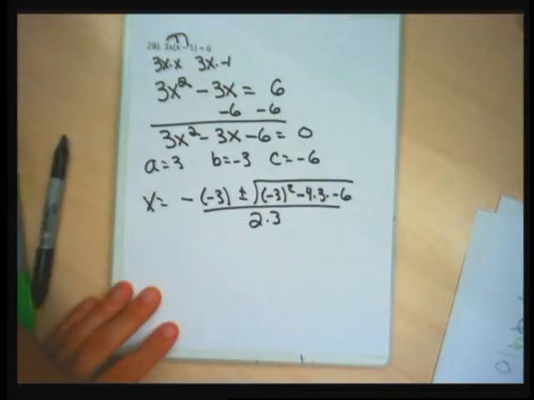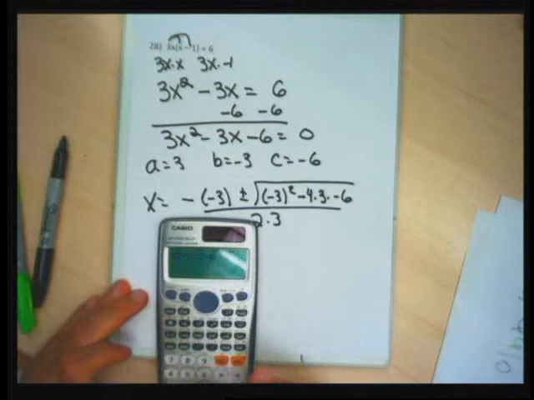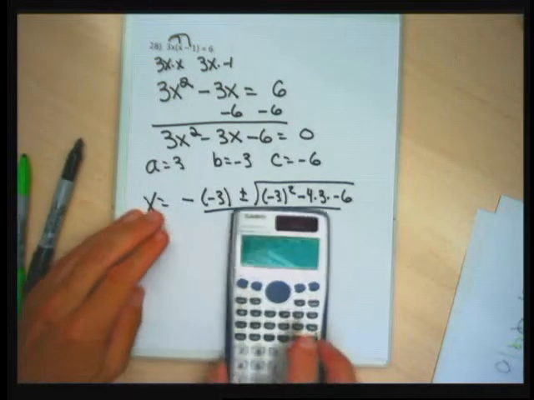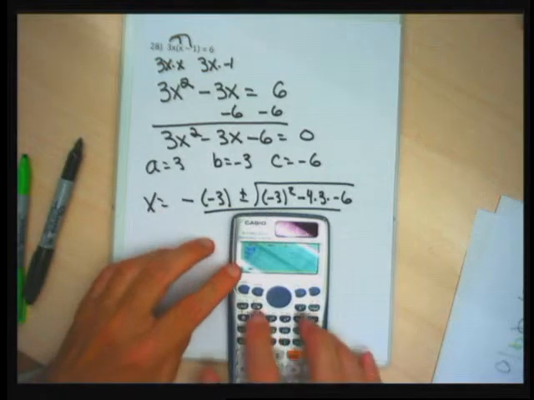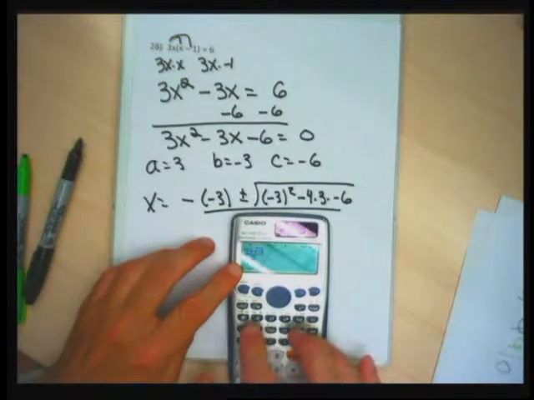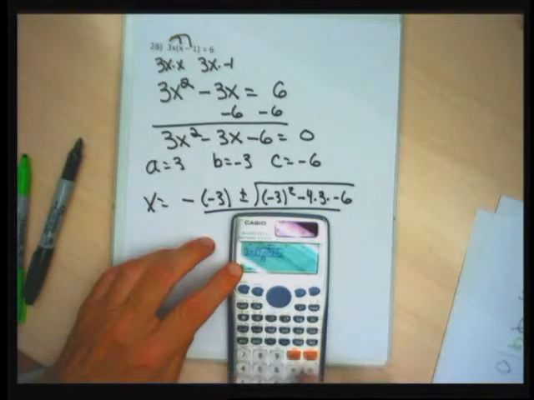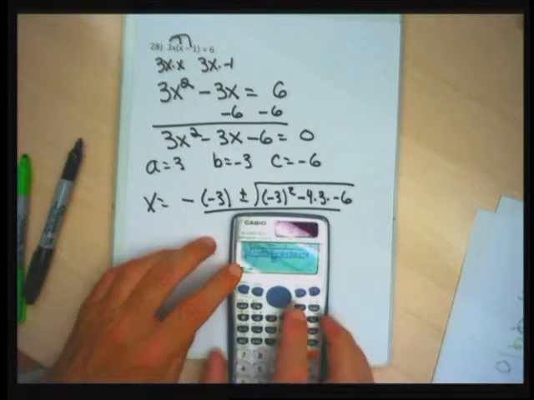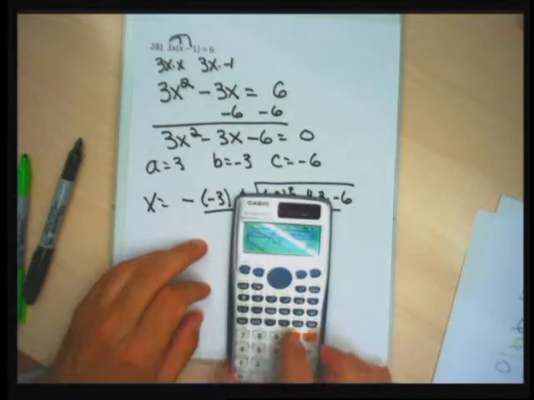Too tired to do it without my calculator, so calculator time. Fraction, positive 3, making that double negative a positive, and then plus square root, parentheses, negative 3 squared minus 4 times 3 times negative 6, over 2 times 3.